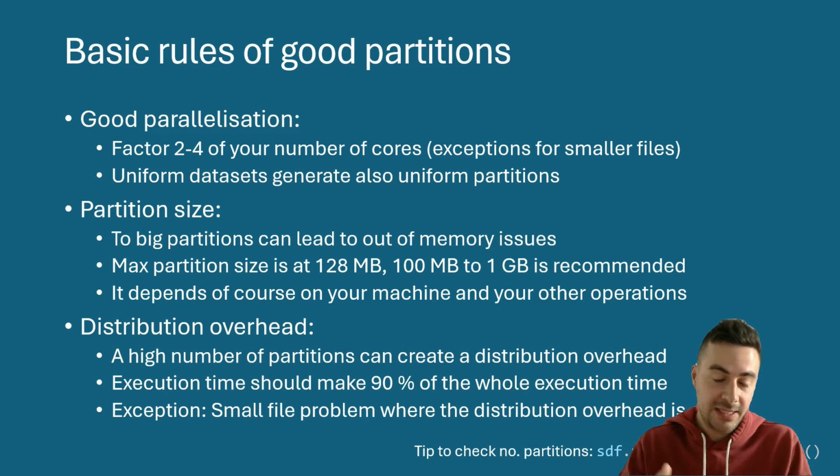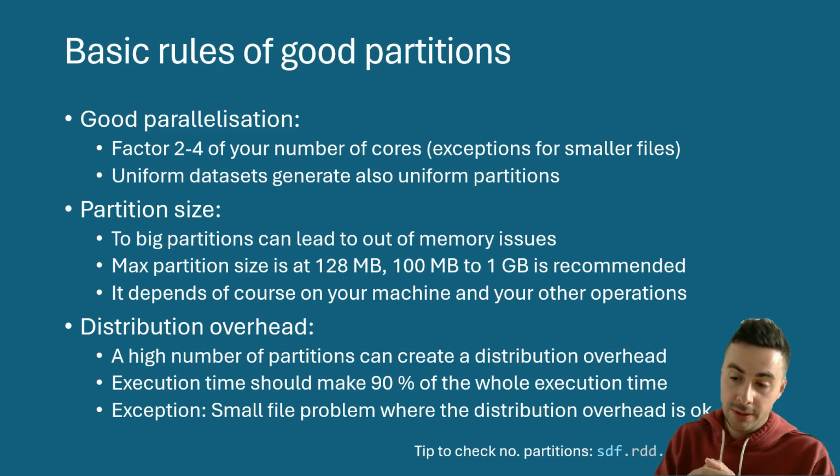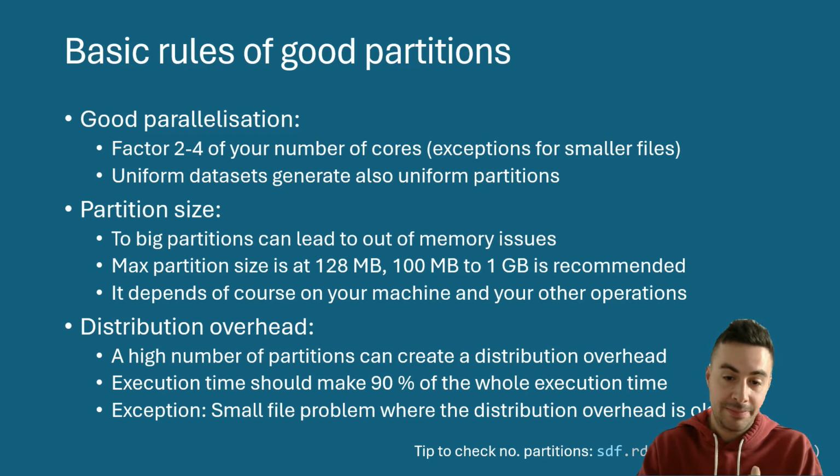So basically you have scheduler overhead and so on, which takes over 10% of your actual execution time in your Spark job. Yeah, and as said, the exception is a small file problem where distribution overhead is acceptable.